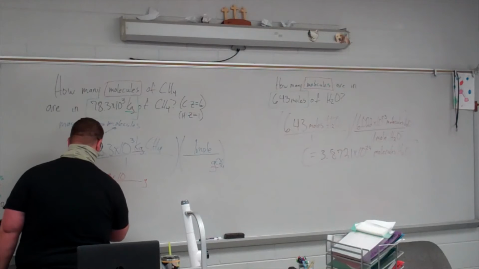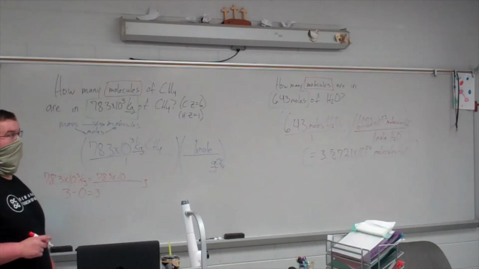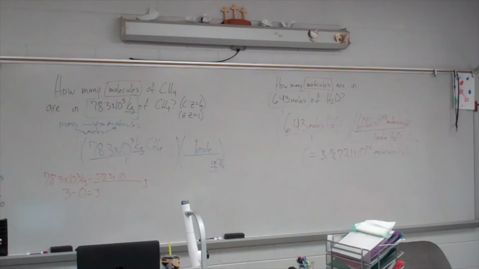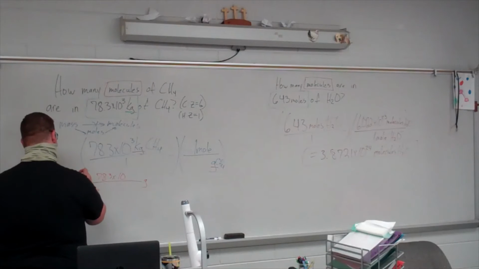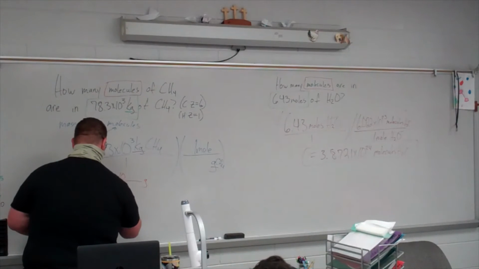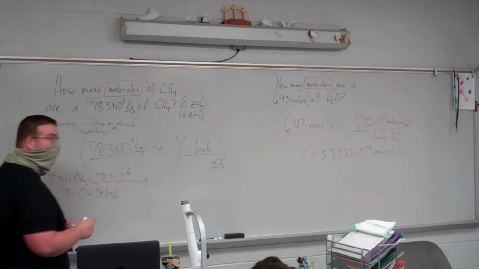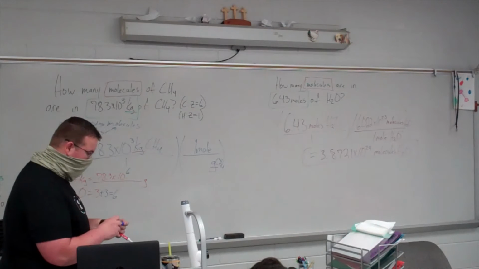So that's 3. There's no exponents on the units, so we don't multiply by anything. But I did start with a 3, so I have to add that 3 here. That'll give me 6. So 78.3 times 10 to the 6th power.